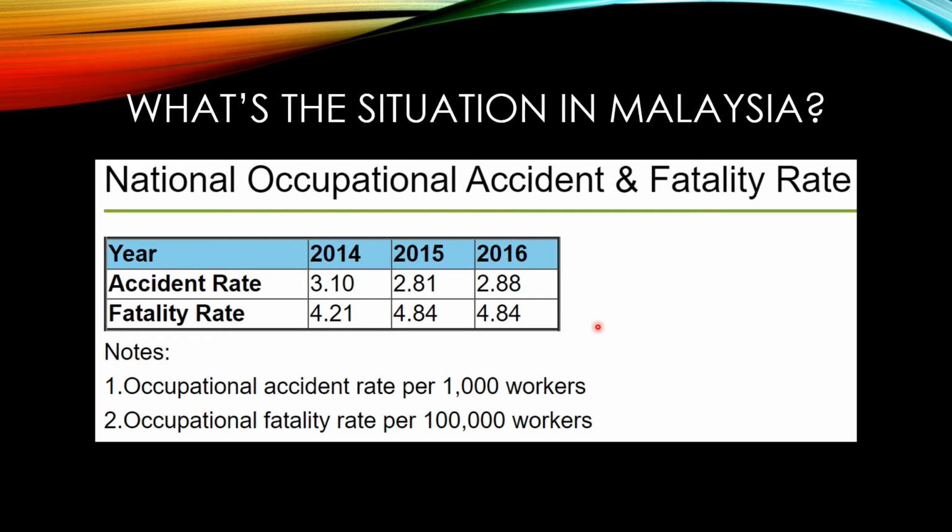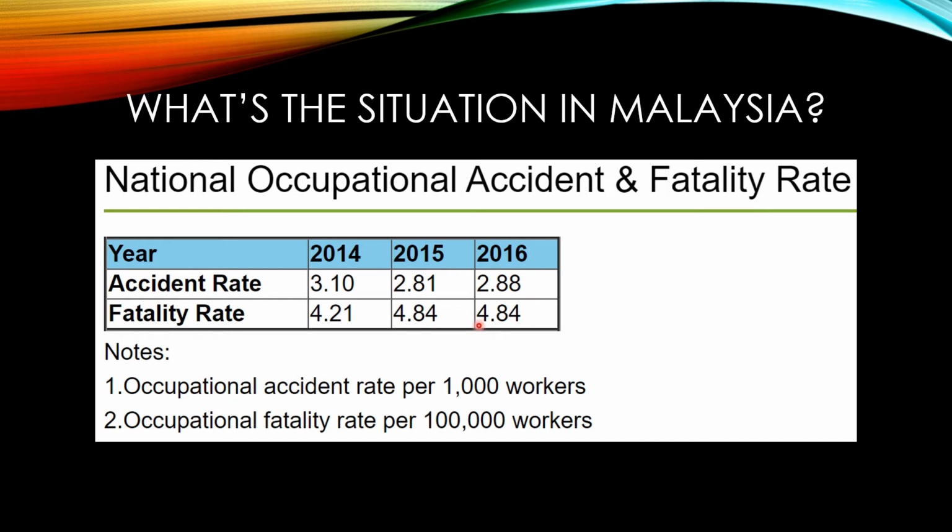When you add the number of staff, then probably you have between 30 to 40,000 maybe, okay. So not really 100,000, but if 100,000 workers will have a fatality rate of 4.84, so half of it will be about 2 deaths. A single death is already a lot, okay.